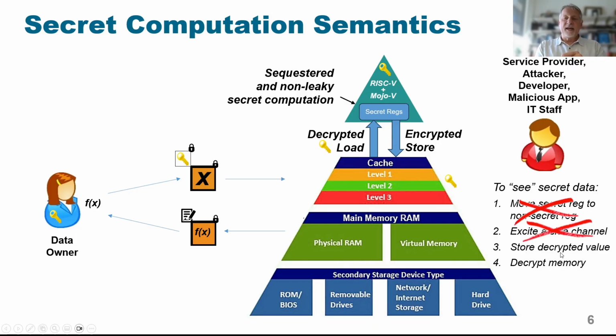And then next, he needs to store a secret register decrypted to memory. That's disallowed. If you use a normal load or store with a secret register, you get an exception. You have to send those values to memory with an encrypted third-party encrypted load or store. So that's disallowed. And then finally, when the encrypted value is in memory, he would have to be able to decrypt that value.